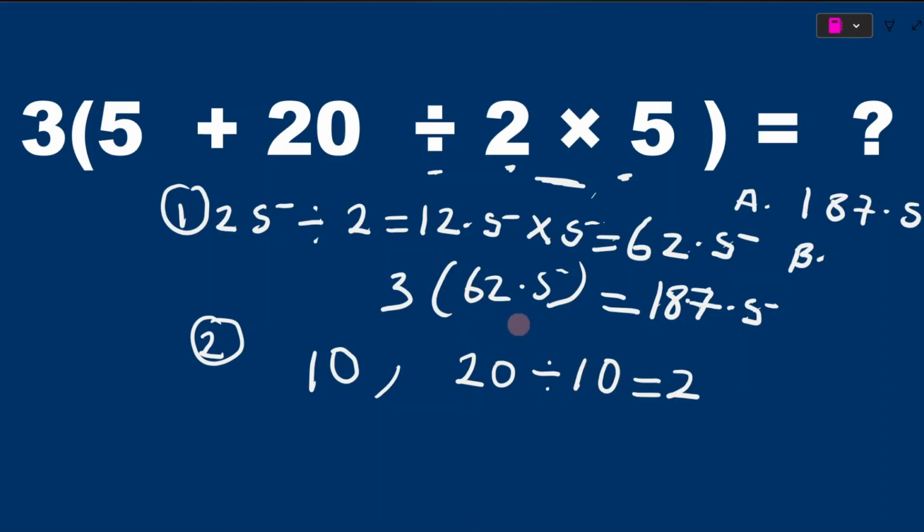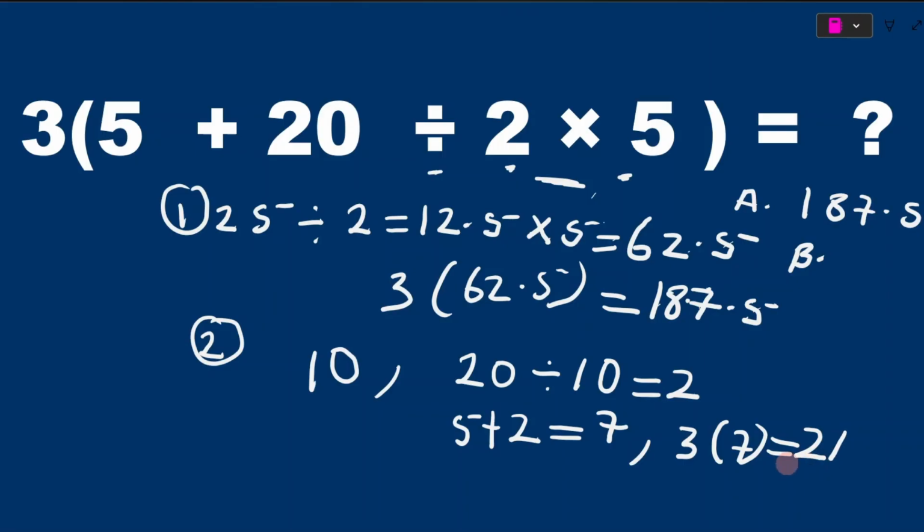Now they will add 5 to 2 and they will have 7, after which they will multiply 3 by 7, and their final answer will be 21. So this is another group that will get 21.